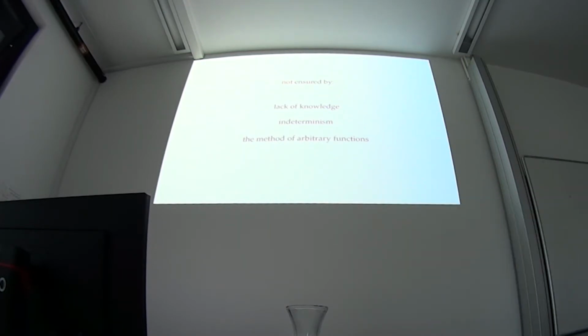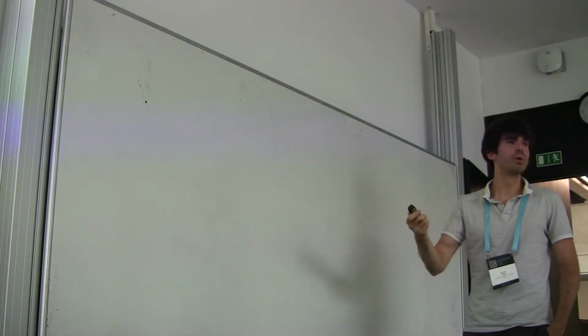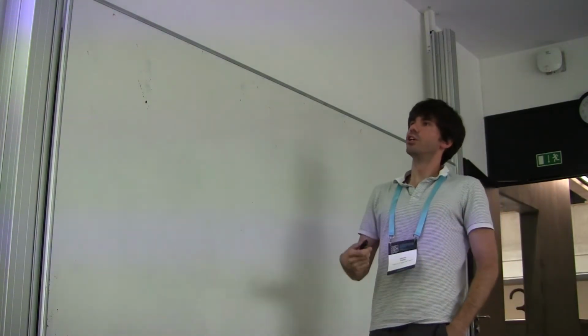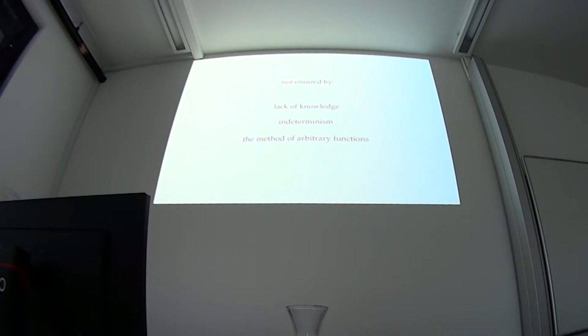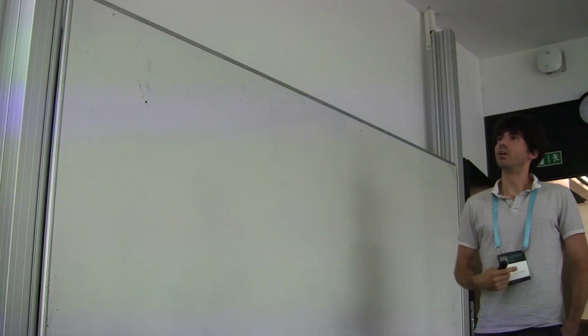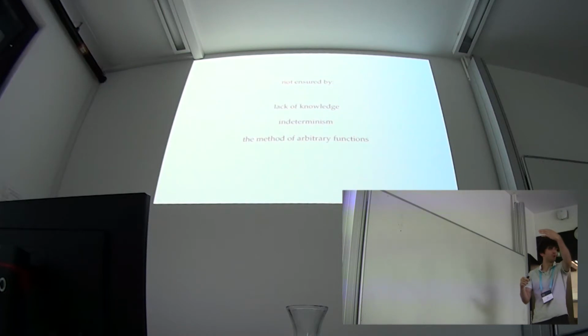Third thought, so there's increasing excitement in the philosophy of probability literature about what is called the method of arbitrary functions. So I assume that most of you are familiar with this reasoning. So the idea here is that given the dynamics satisfy some conditions, so it's chaotic in some sense, there's a sensitive dependence of the outcome on the initial conditions.